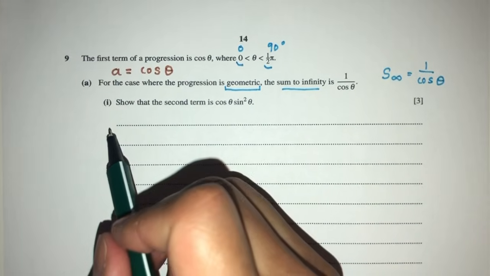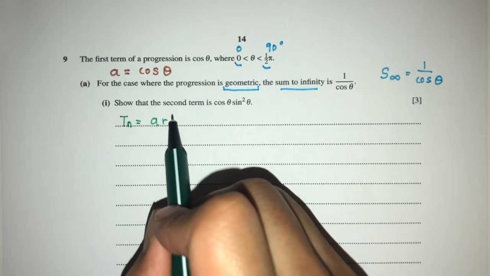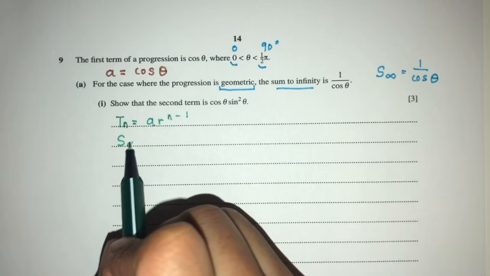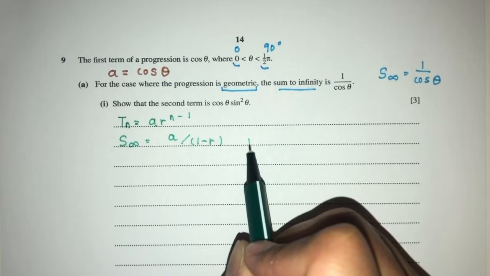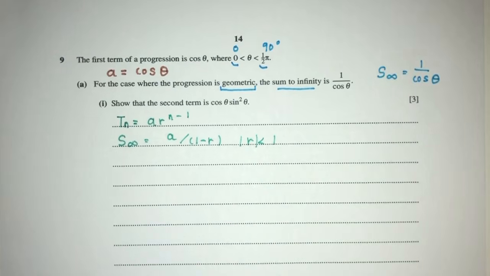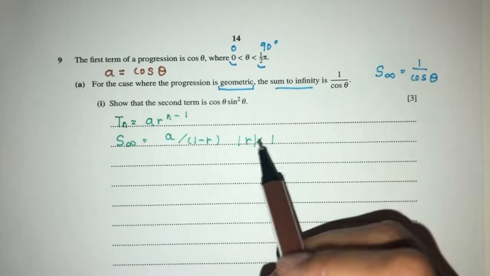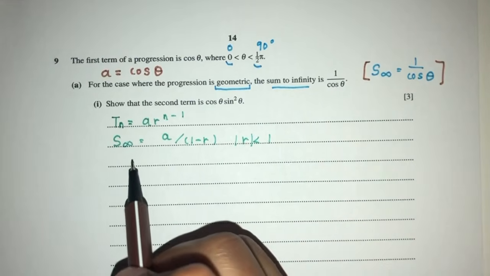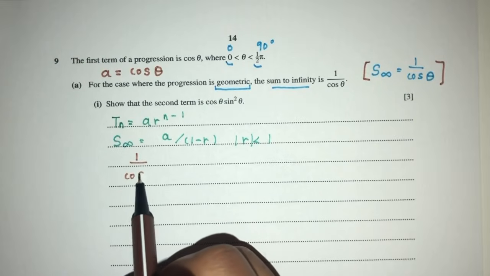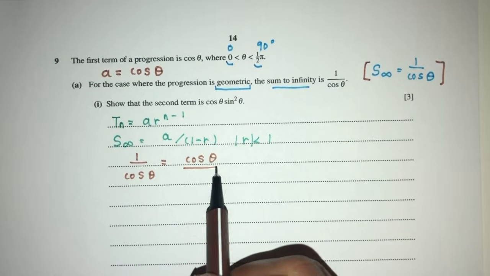For a geometric progression, the nth term is given by a r to the n minus 1, and the sum to infinity is a over 1 minus r, for the modulus of r less than 1. Now a is cos theta, and the sum to infinity is given, so we have to use this somewhere. The sum to infinity is 1 over cos theta, which equals cos theta over 1 minus r.